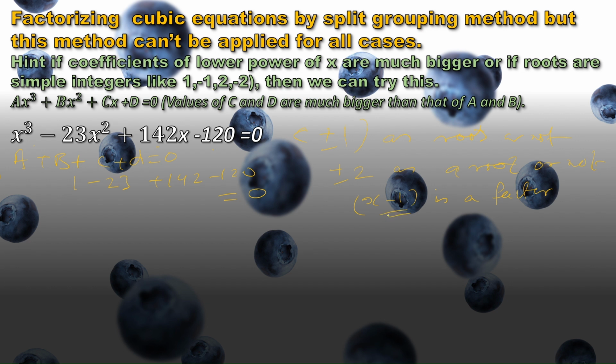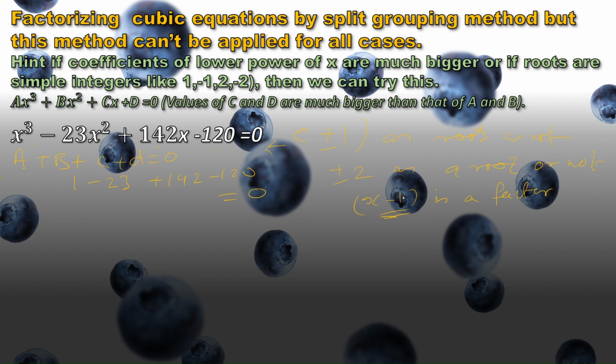Once one factor is known, we can simply start the split grouping. And what is split grouping? It's better to start from the right side. We can start from the left also, but with the factor x minus 1, it's easy to start from the right. It's not an issue, so here I'm starting from the right side.